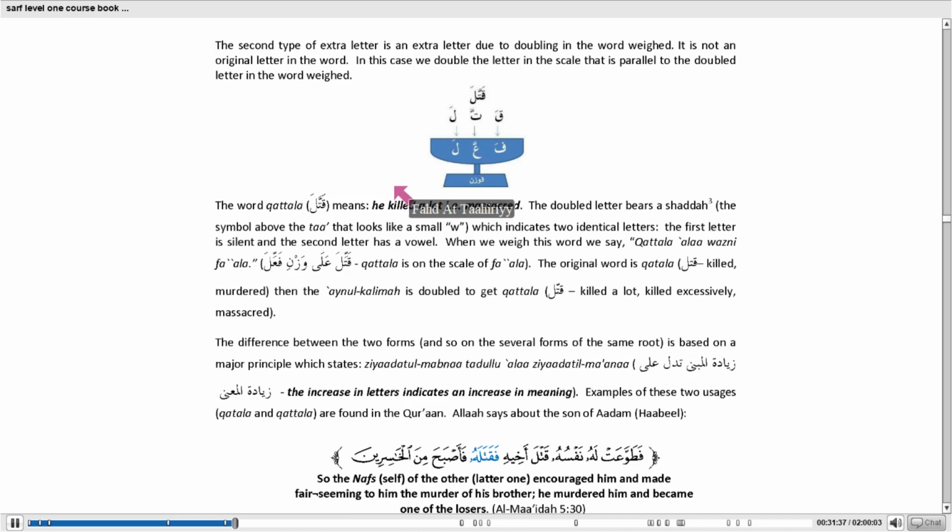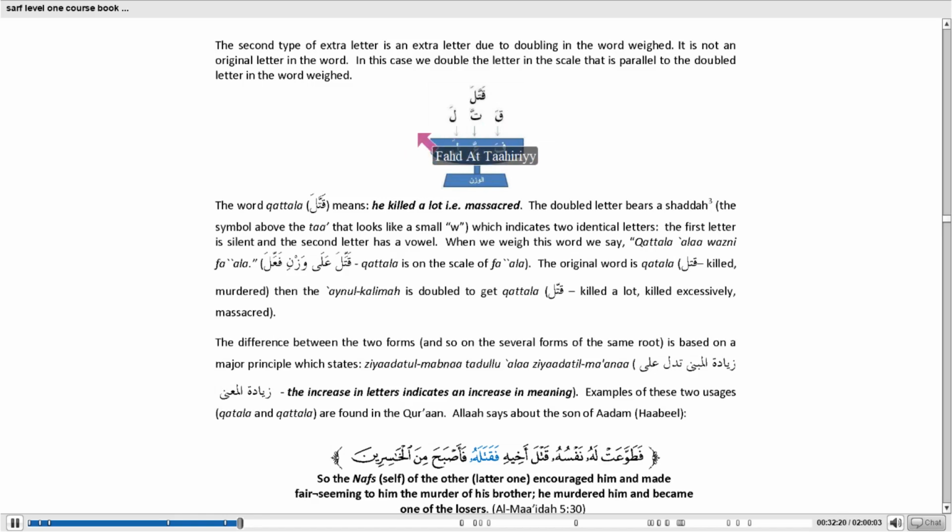Now, in the future, inshallah, you will learn that doubling a middle letter in a verb expresses increase or multiplicity, meaning that this act was done multiple times, more than once, in the middle letter.